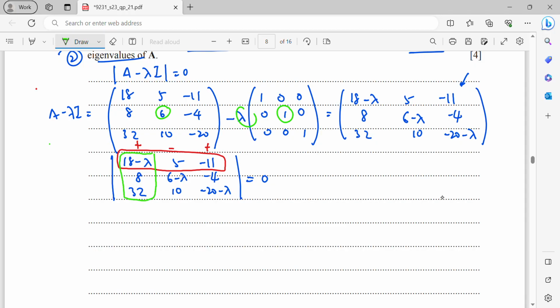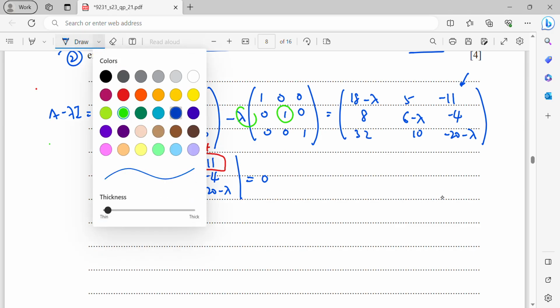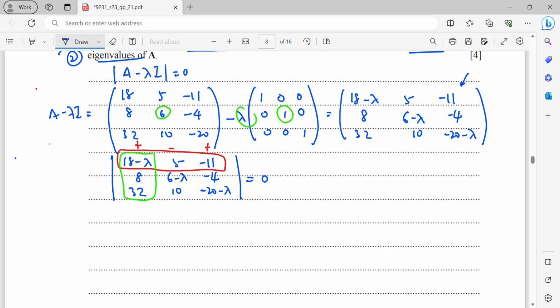We consider the column. When I consider the first column, the crossout is 18 minus lambda, which means now it will be plus (18 minus lambda), then the determinant of the remaining terms: 6 minus lambda, minus 4, 10, minus 20 minus lambda.